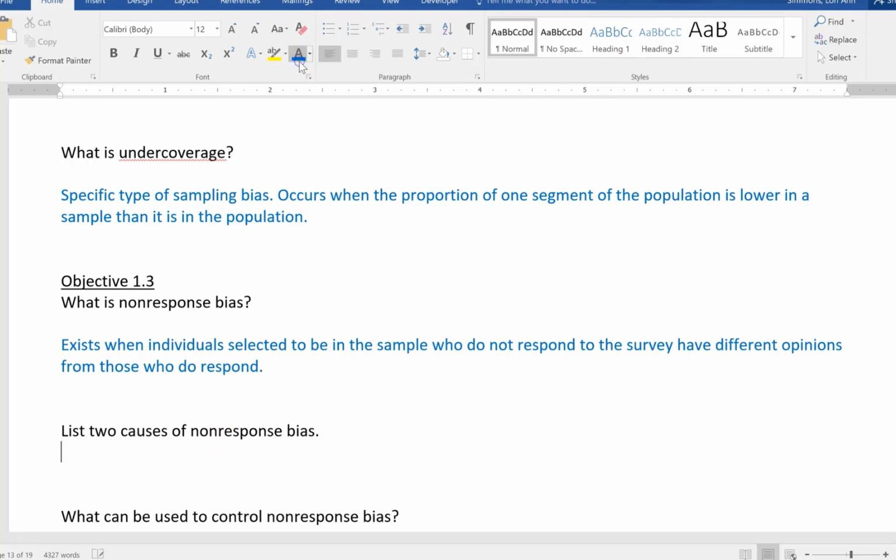Two causes of non-response bias could be those individuals who do not wish to respond, or the interviewer was unable to contact them.